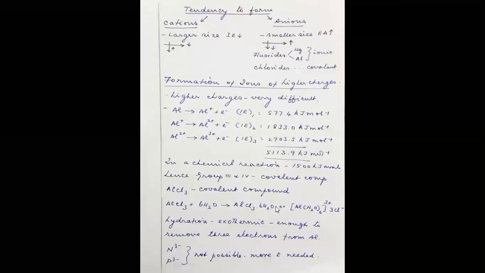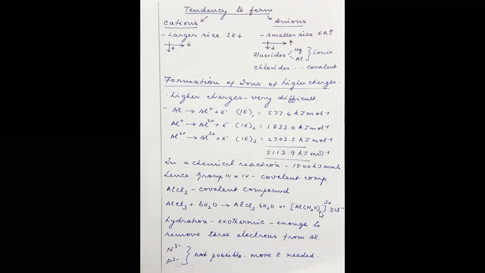Actually, the structure of aluminium chloride hexahydrate is aluminium with 6 water molecules in the coordination sphere with a 3 plus charge for the coordination sphere, and the 3 chloride ions on the outer side of the coordination sphere. So this is the structure.